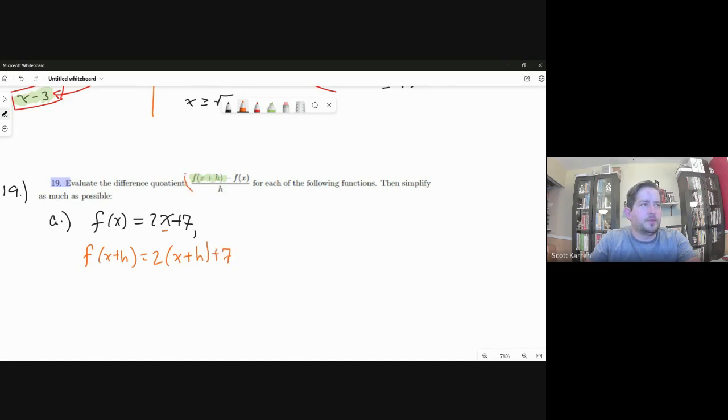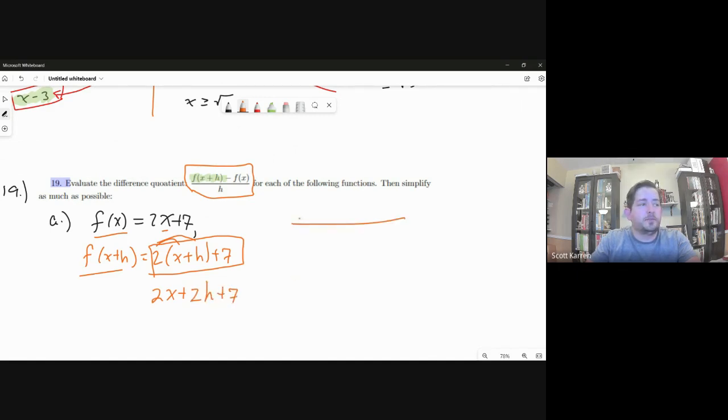And so I'm just going to rewrite this entire difference quotient using f of x plus h and using f of x. So that is f of x plus h is this, which I can distribute if I like. This is 2x plus 2h. Let me just write that down here. And then plus 7.